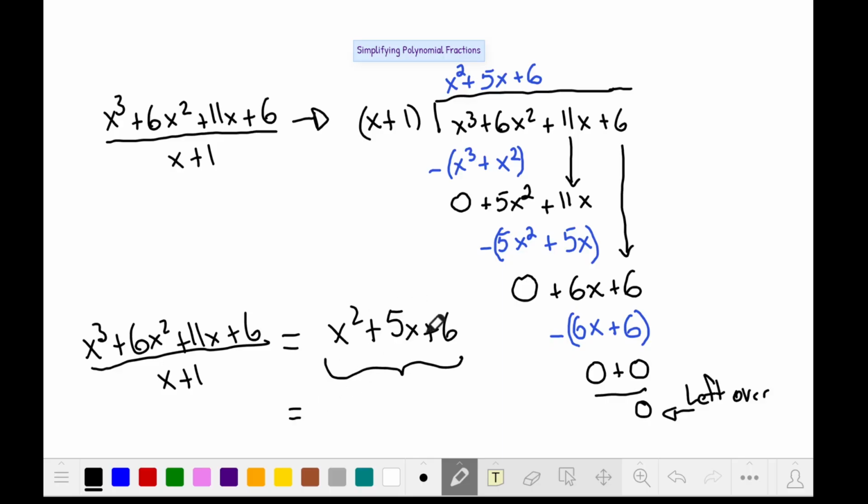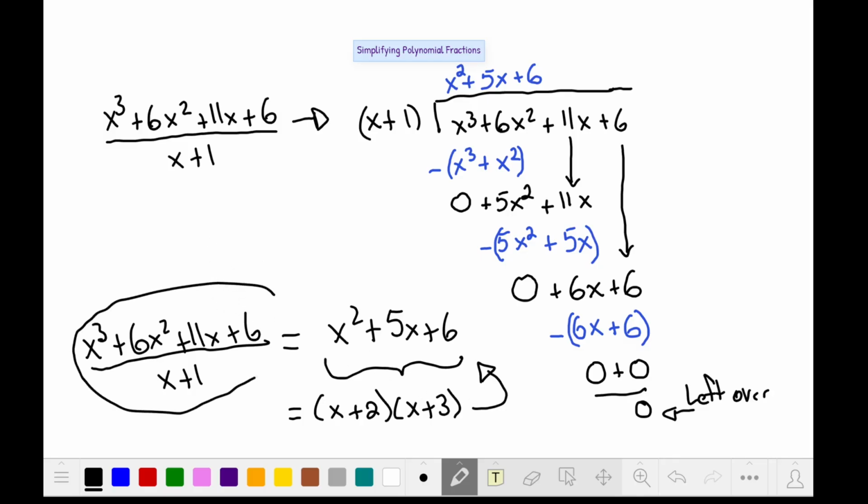So just by looking at this polynomial, I already know, okay, well, that's just going to be x plus 2 times x plus 3. And then you guys can go through the expansion and find that this expression is equivalent to that expression. And now if we compare x plus 2 and x plus 3 to the original monster, well, it's quite clear to me which one I'd rather work with.